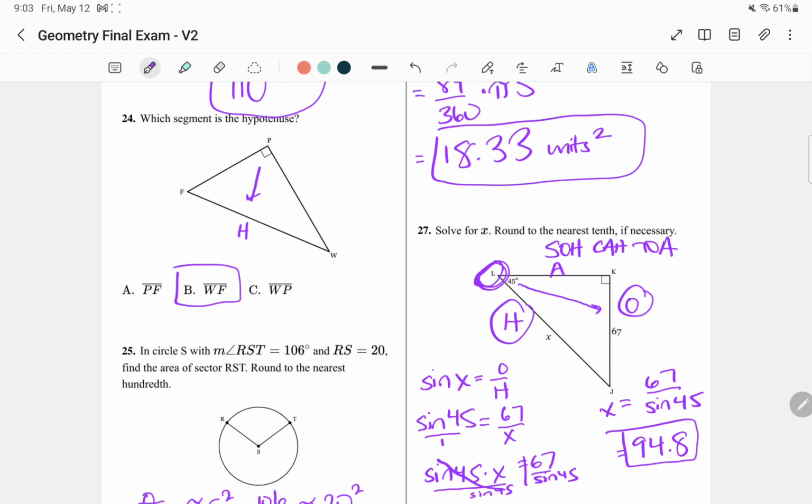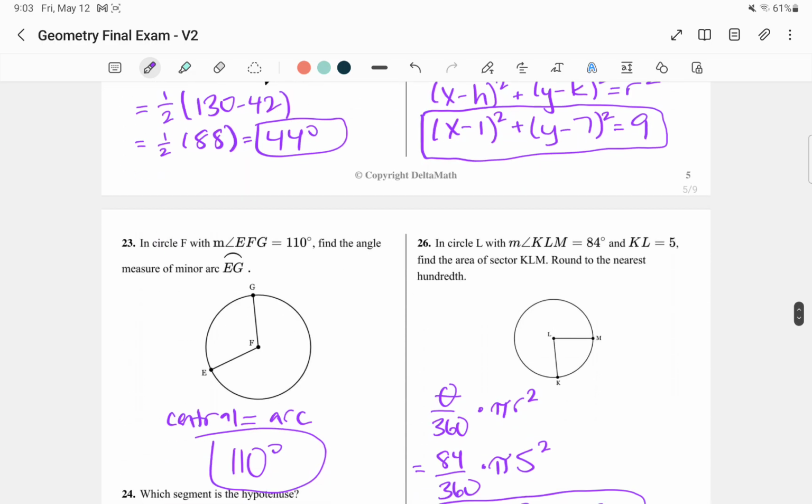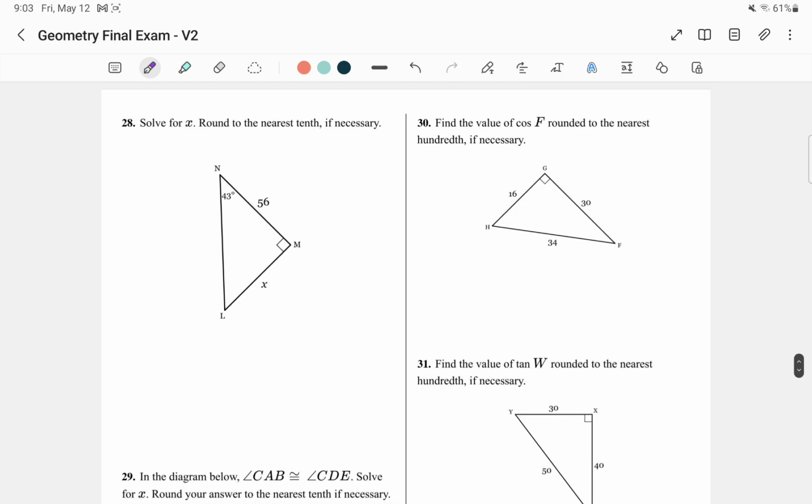All right. Again, when we see a right triangle and we see an angle and a side, we're going to be using SOHCAHTOA. All right, so for 28, it looked like it's going to be the same thing. Yep, 28 is the same thing, so let's write SOHCAHTOA.